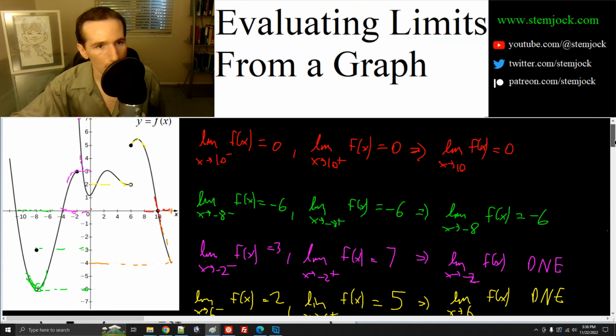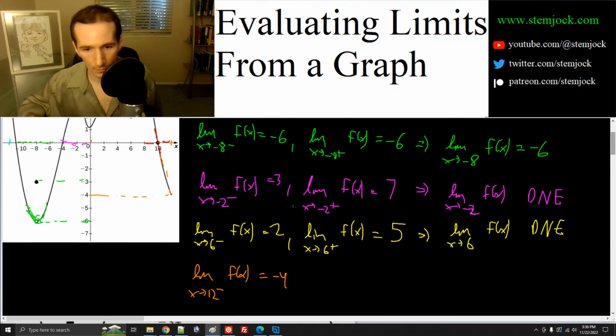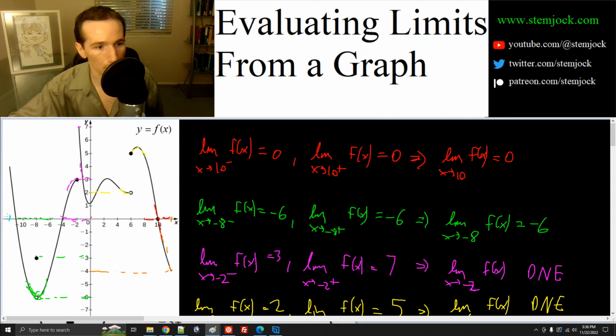All right, the final limit I'm going to look at in this video is the limit as x approaches -12. That's going to be this point here. Now we can't see what the function is to the left of -12, so all we can say about it is the limit as x approaches -12 from the right side.